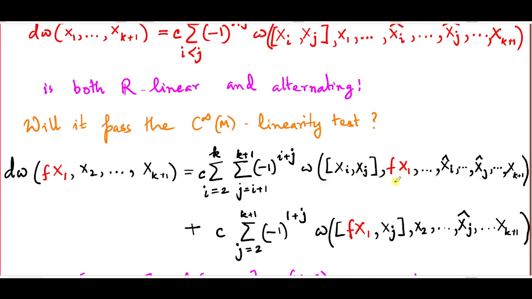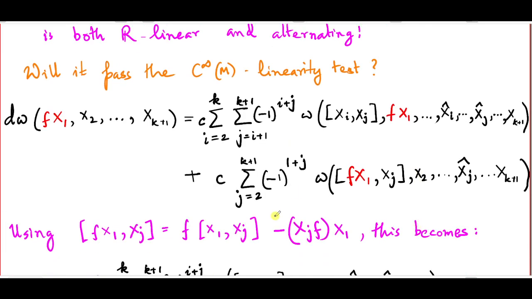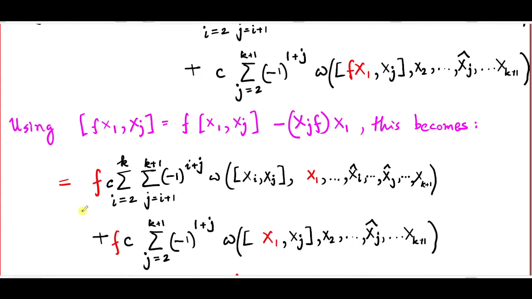Now, this is of course linear in f, the f can be pulled out. But here we have a bit of a problem. The Lie bracket of fX1 and Xj is not f times [X1, Xj]. It actually has one more piece. In addition to f times [X1, Xj], you have minus Xj acting on f times X1. So this actually becomes f times your original proposal plus an additional piece.